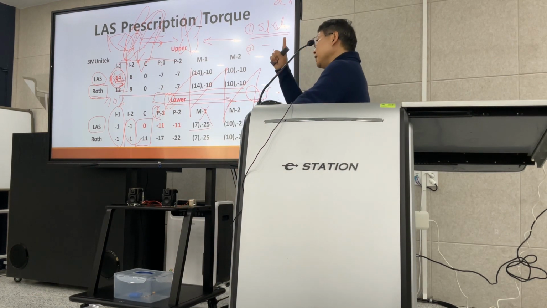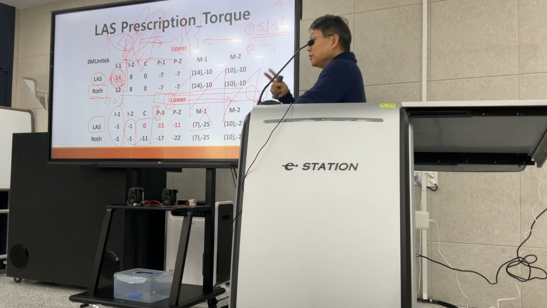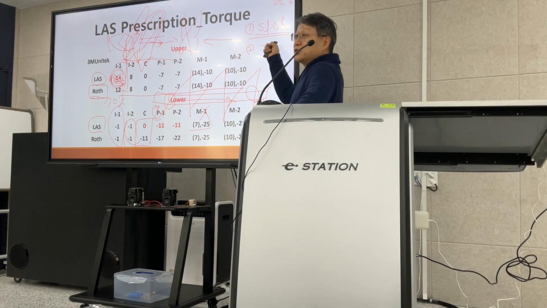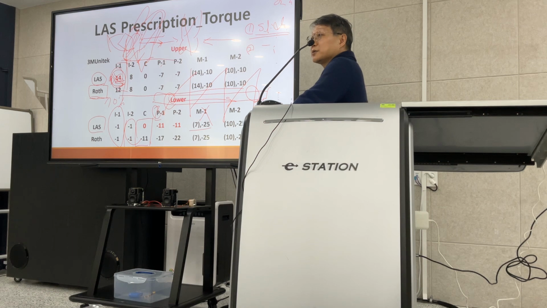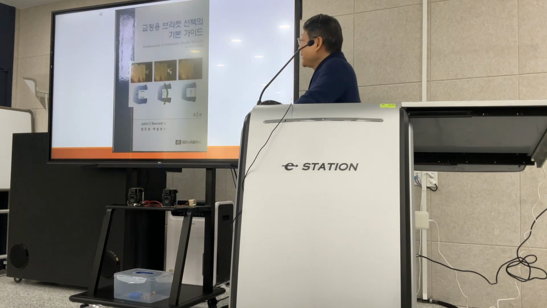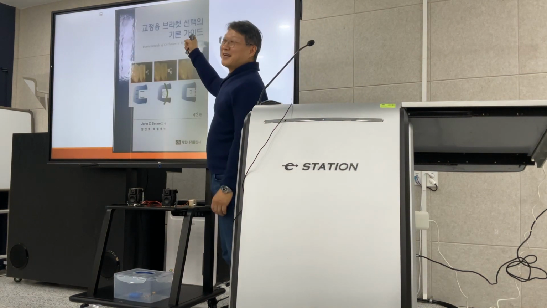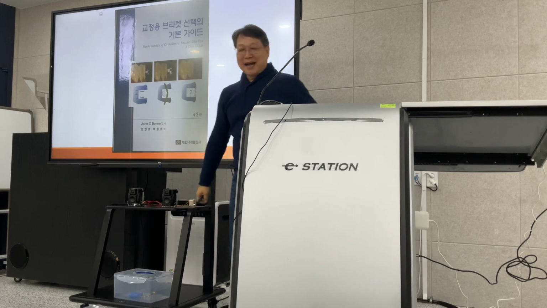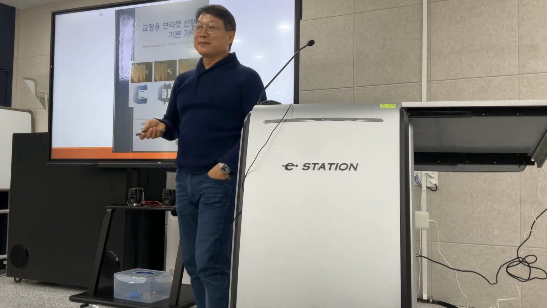So number one, extract or not. Number two, what kind of mechanism will you use to retract or close the space? Yes, there are lots to learn, right? Anyway, you have to learn the first. I'm just introducing the concept today.